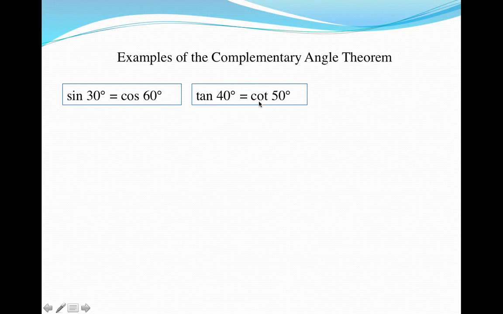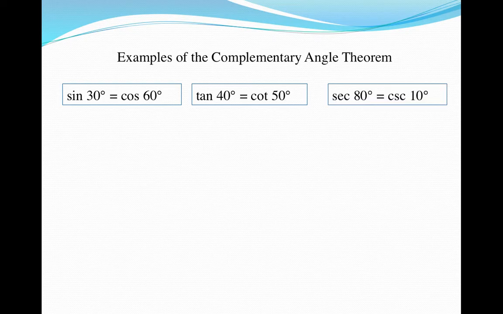Tangent and cotangent are cofunctions. 40 and 50 are complementary. So by the complementary angle theorem, tangent and cotangent, being cofunctions, the tangent of 40 degrees and the cotangent of 50 degrees have the same value.